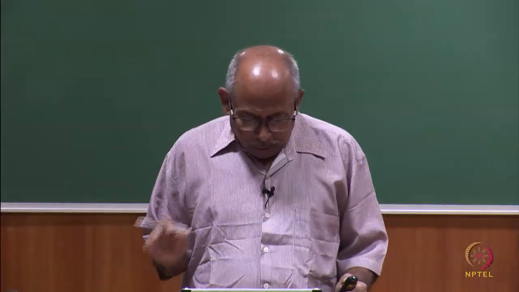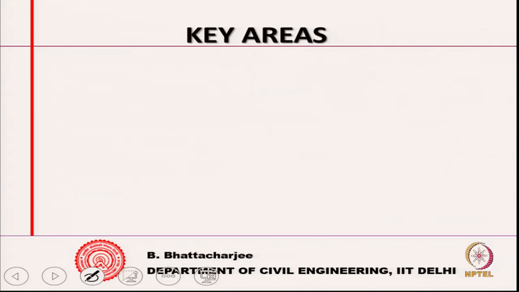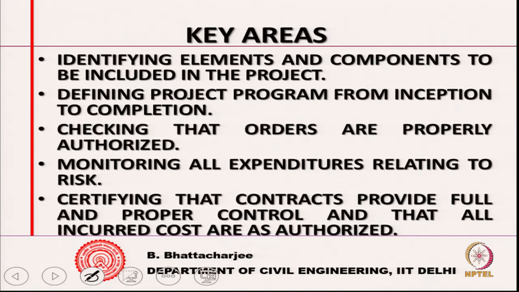So, therefore, cost and value criteria have to be established right in the beginning, and that has to be maintained. Basically maintain the accounts and the cash flow pattern, how it was supposed to be and how it actually is, monitoring the cash flow pattern and the capital cost that has gone into the building, and so on. In this context, identifying key elements and components to be included in the project is important.